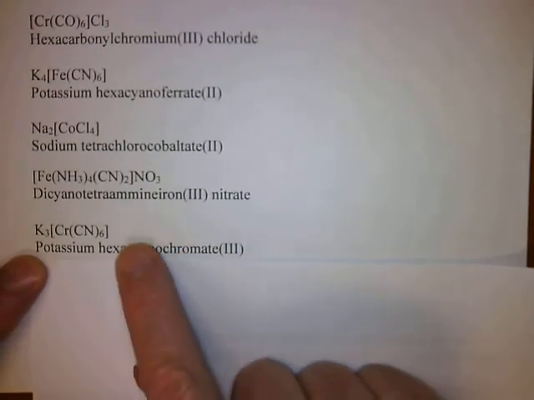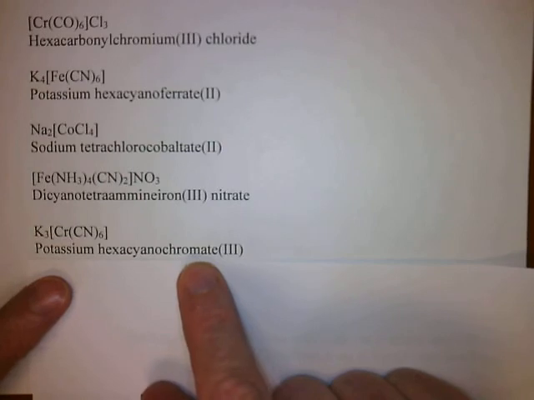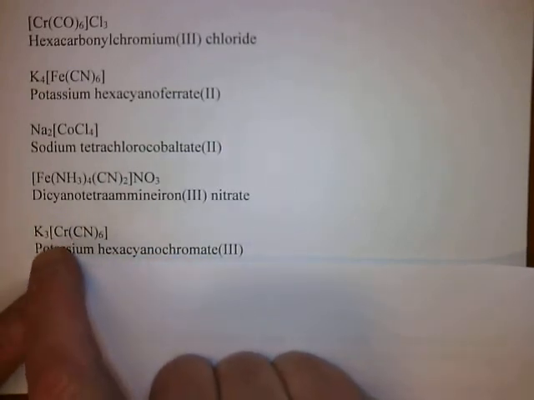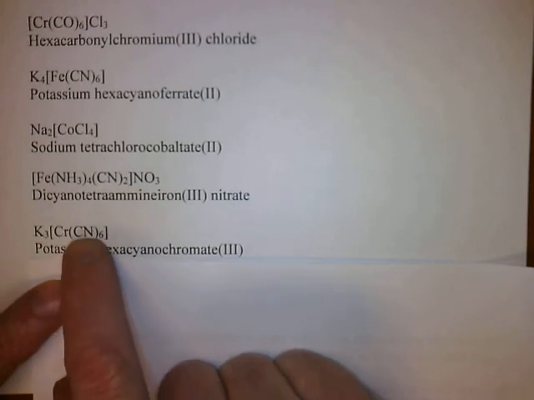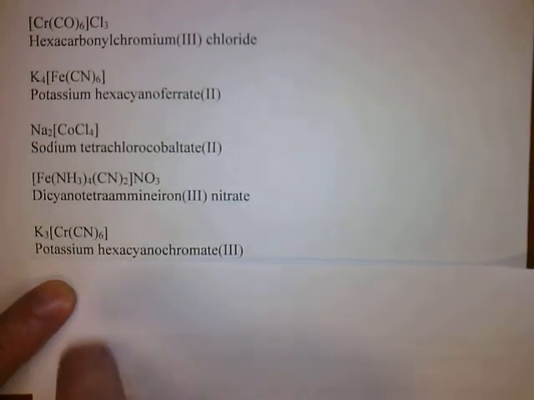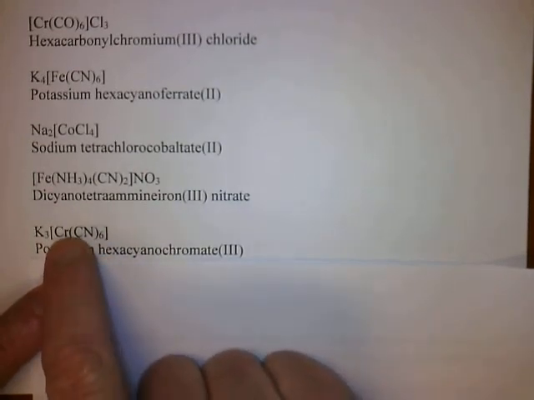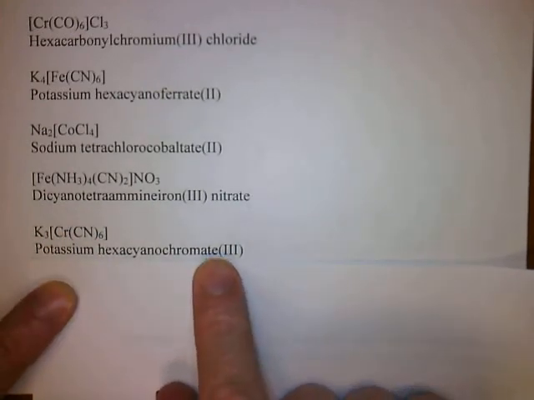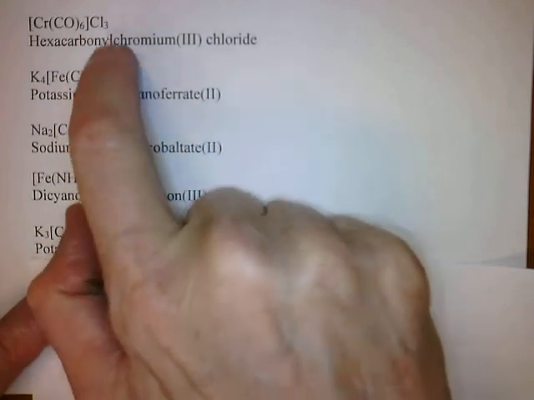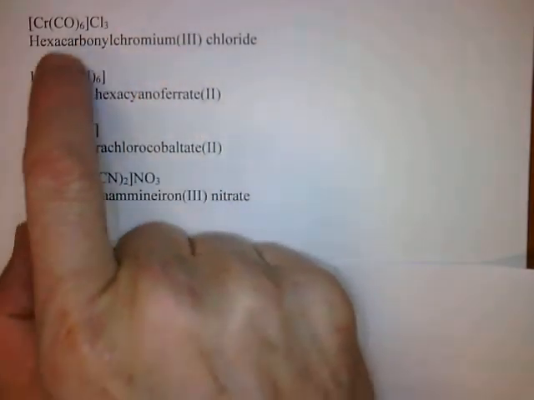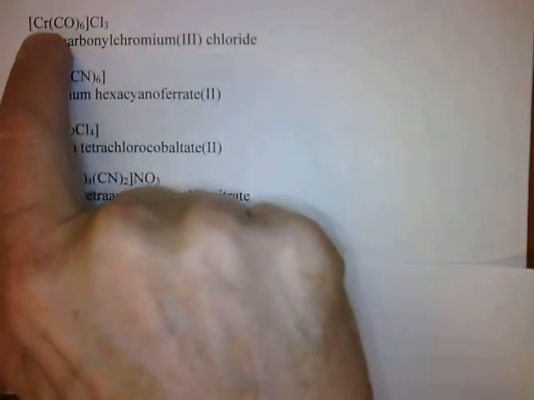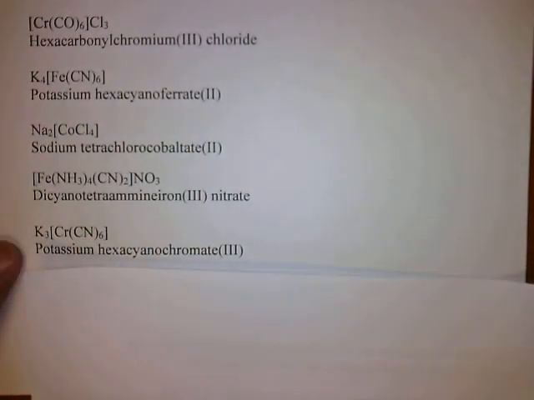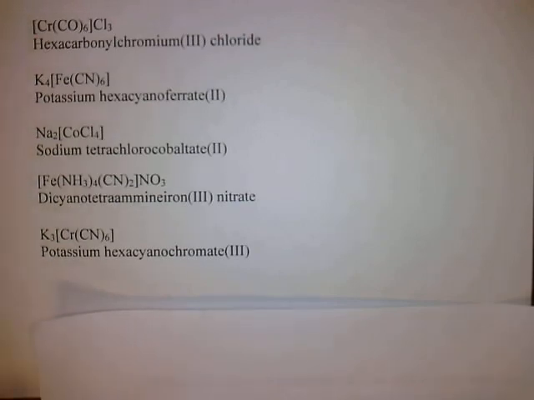Now notice I didn't say chromium. I said chromate, right? Because, one more time, the complex ion is the negative part of the molecule, so we have to change the name of the metal so that it ends in -ate. So chromium becomes chromate. Up here we called it chromium because this was the positive part of the molecule. Here we're calling it chromate because it's the negative part of the molecule.